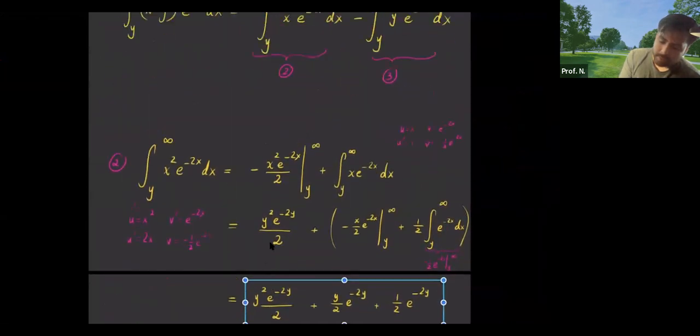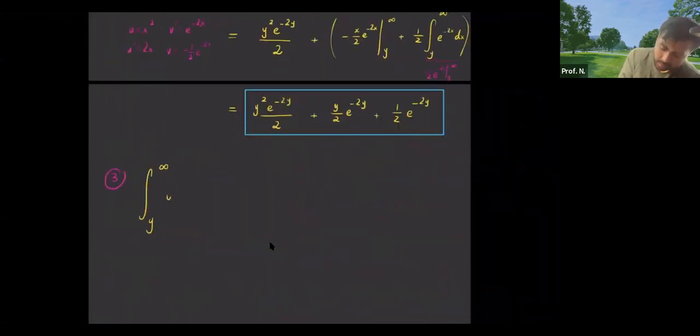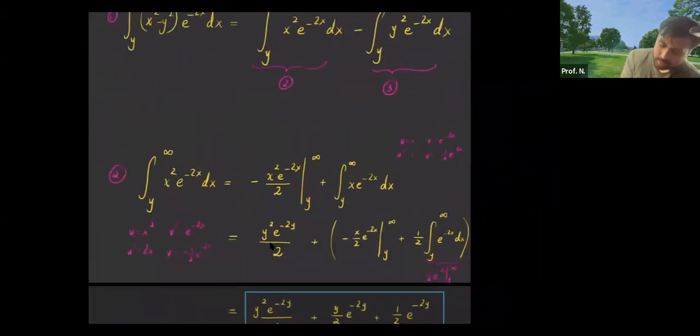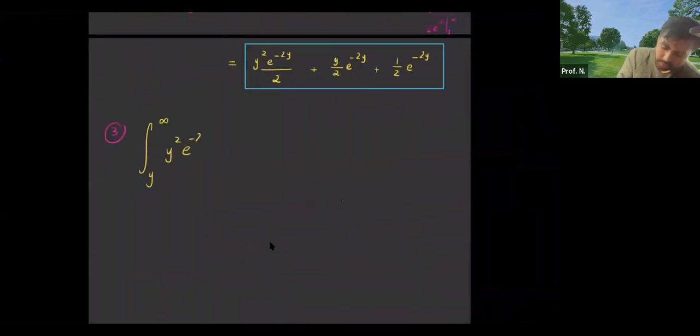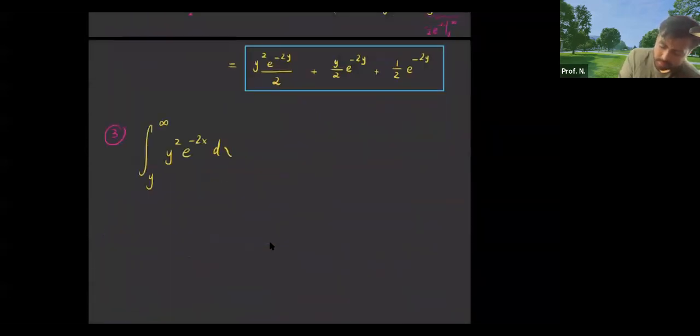So this is going to be my integral here. Then you get the integral from y to infinity of y squared e to negative 2x dx.